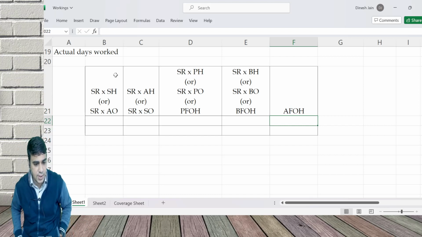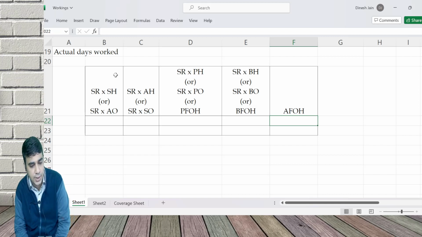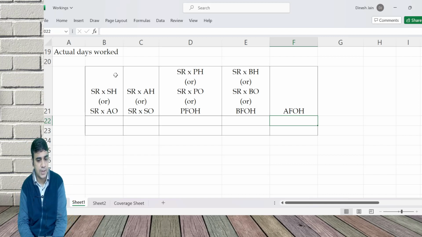SR into SH or SR into AO, SR into AH or SR into SO, SR into PH or SR into PO or PFOH, SR into BH or SR into BO or BFOH, AFOH. Five line items will be there.